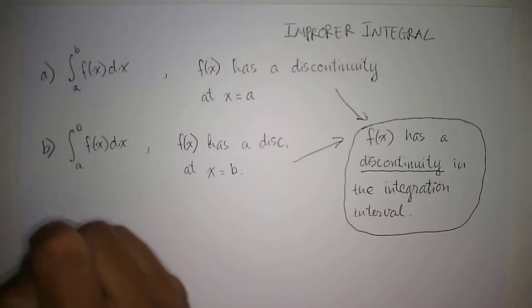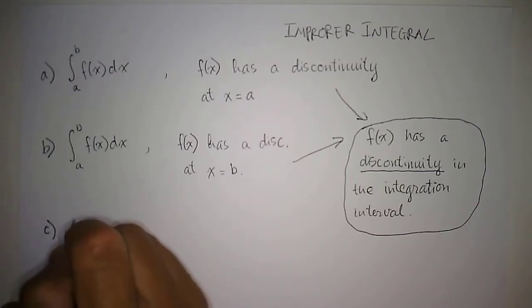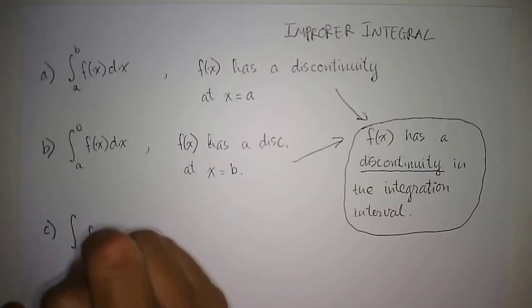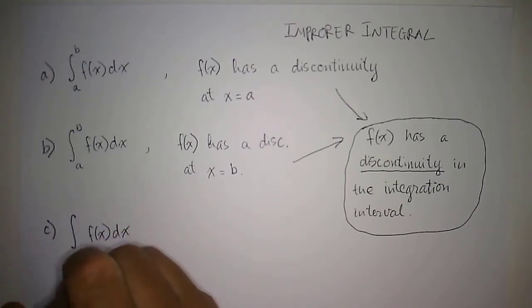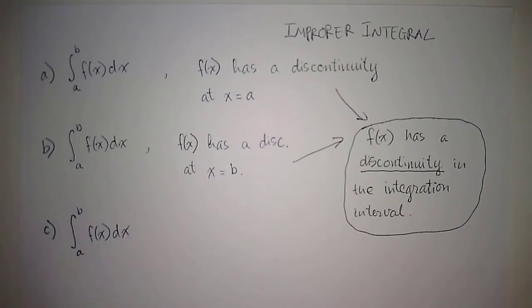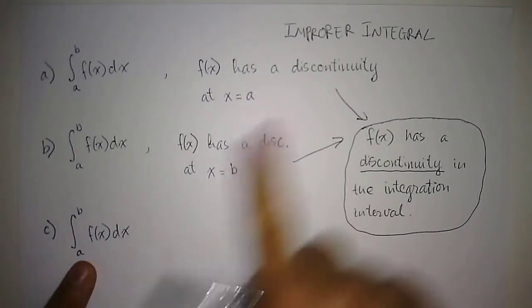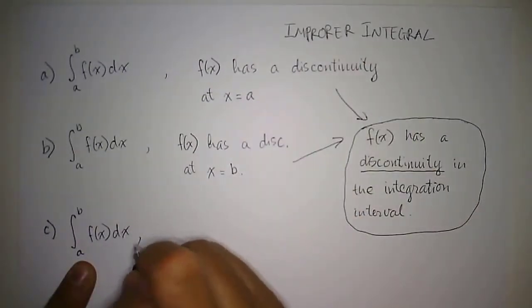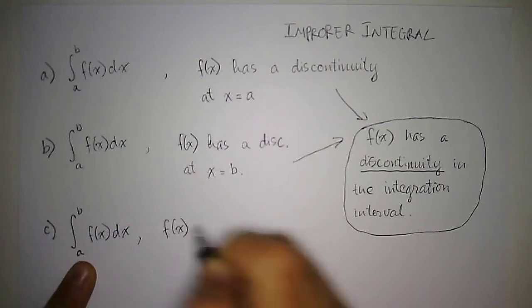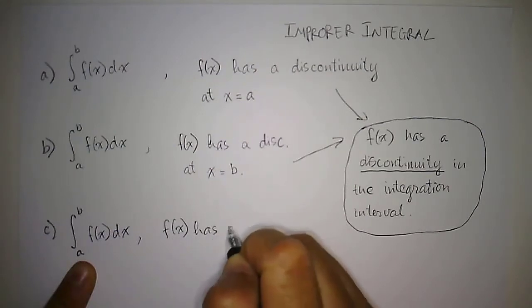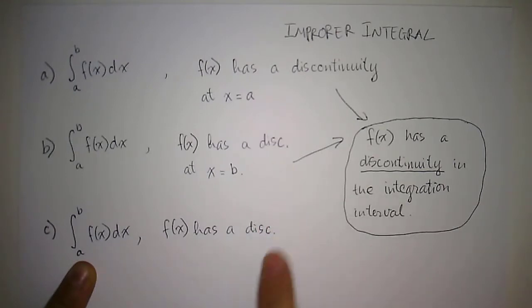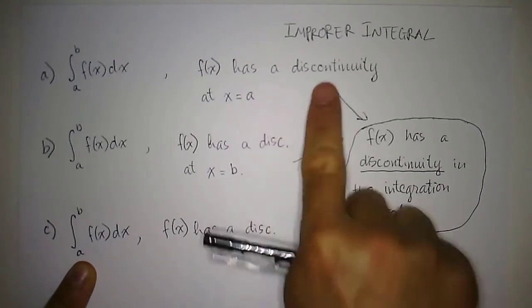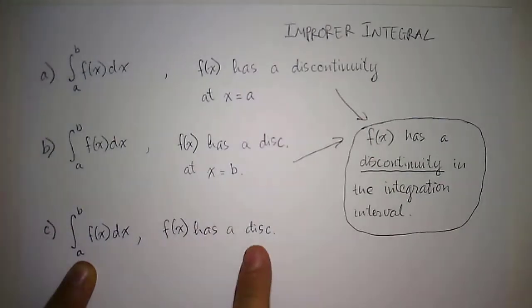And further, we came to the final case where, at first sight, the integral looks just like any other ordinary integral. But this integral could be an improper integral in the sense that f of x has a discontinuity, allow me to use a shorthand for that.